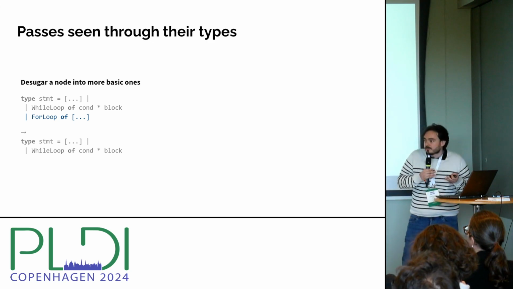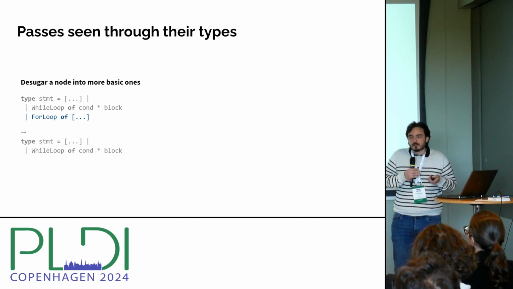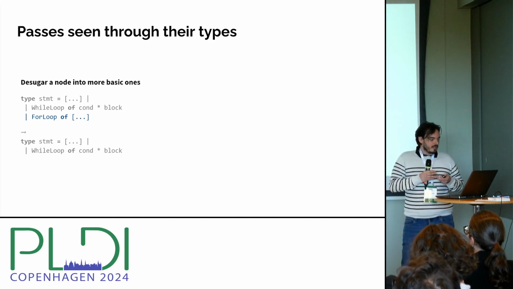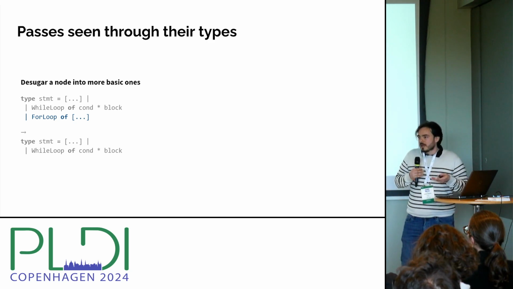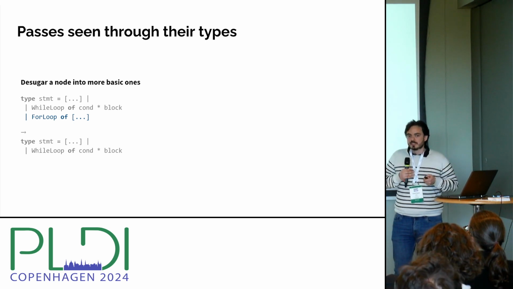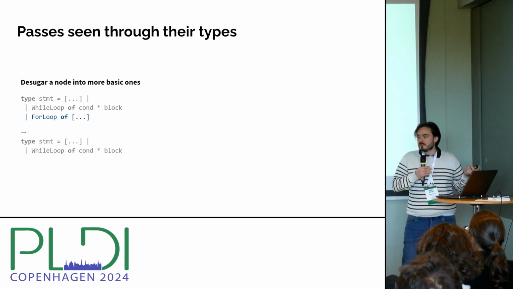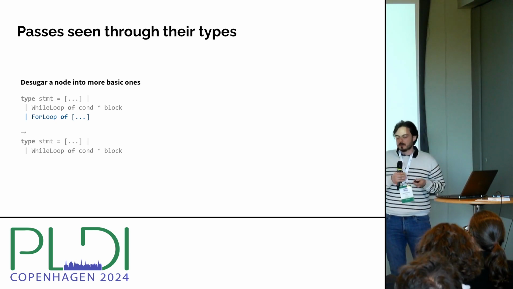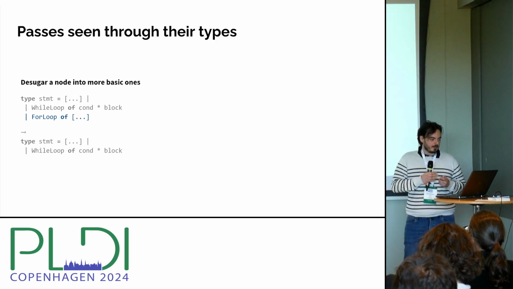You are actually desugaring the for loop into a while loop, right? So one of the ways to implement the pass is simply to say that this pass is removing this statement, so we are desugaring this statement, and you can see it through the type.